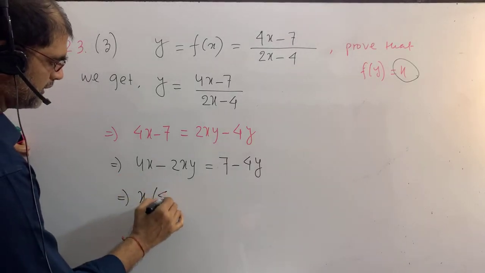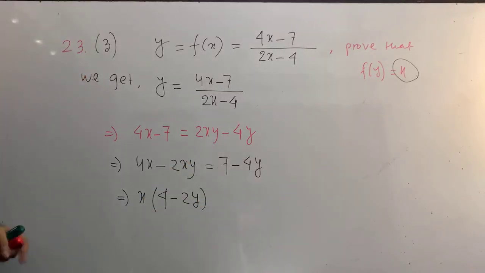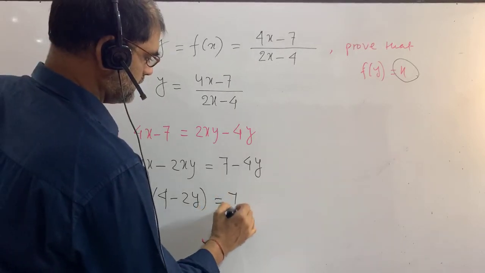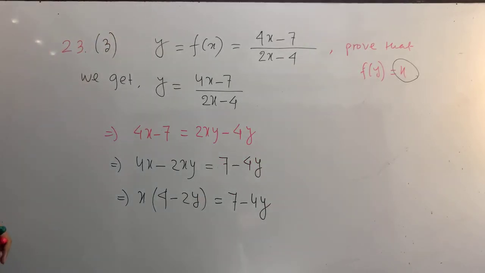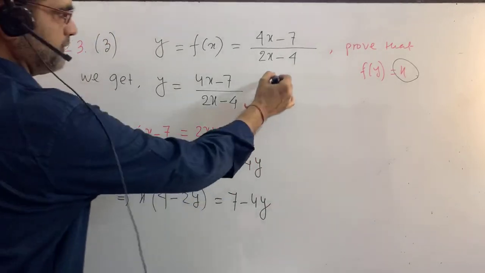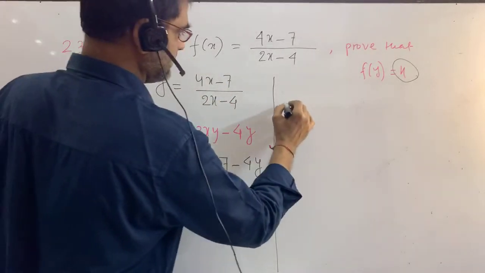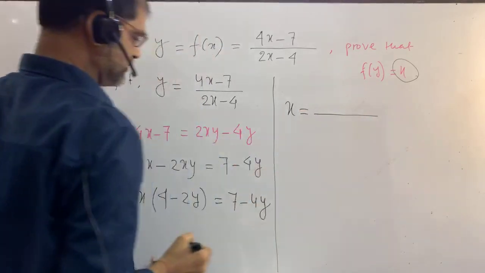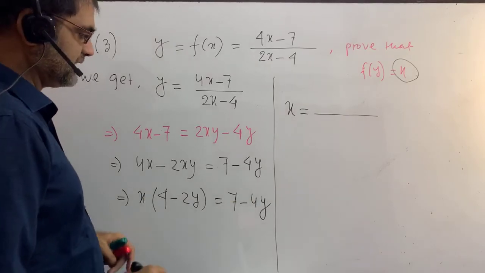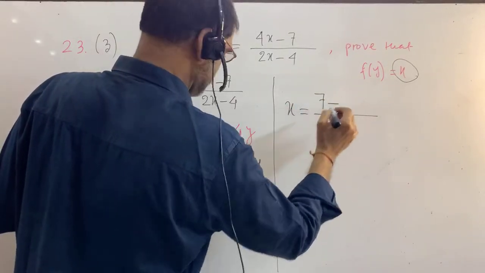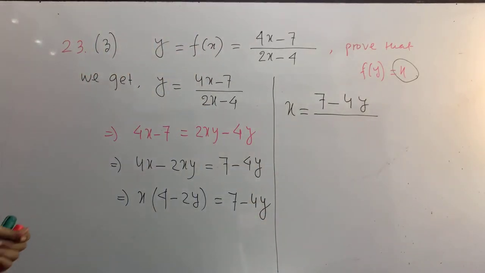Then we will be left with x times (4 minus 2y) is equal to 7 minus 4y. Now from here we can find x. Exactly, it is not the value, it is also a relation between x and y. x is equal to (7 minus 4y) by (4 minus 2y).